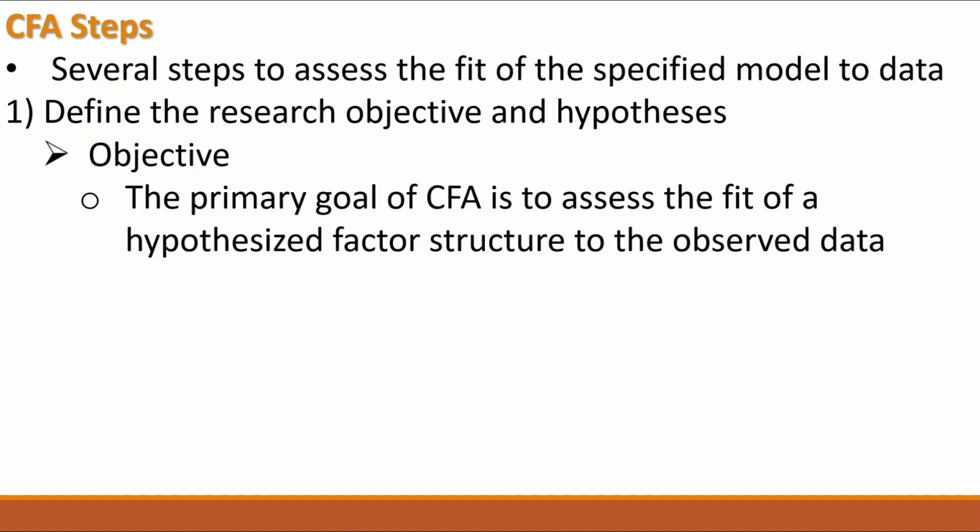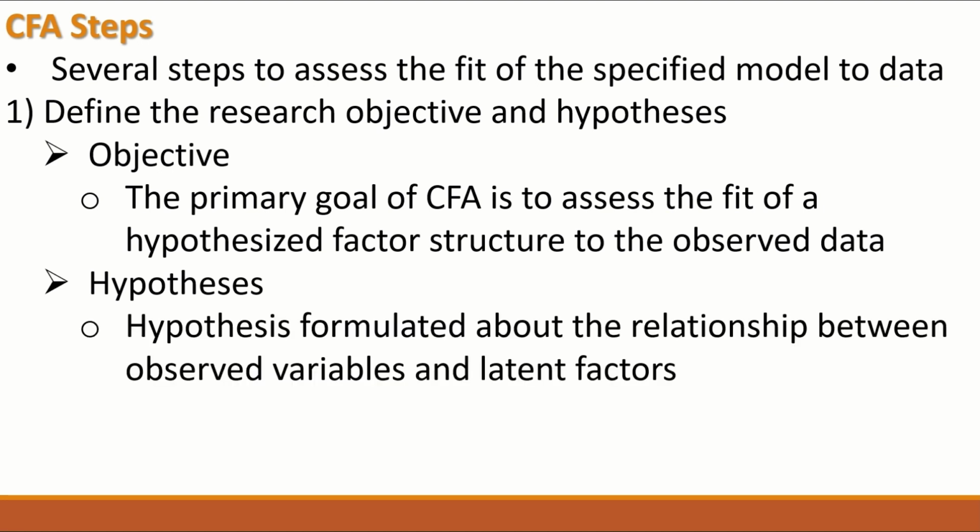The objective is the primary goal of CFA, to assess the fit of the hypothesized factor structure or model to the observed, measurable data, a new set of data. The hypothesis is formulated about the relationship between observed variables and latent factors. How many factors are there? Which items associate with which factor and load to the factor?